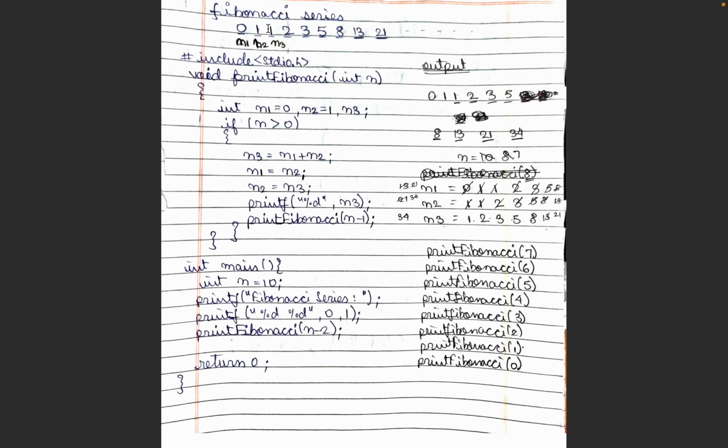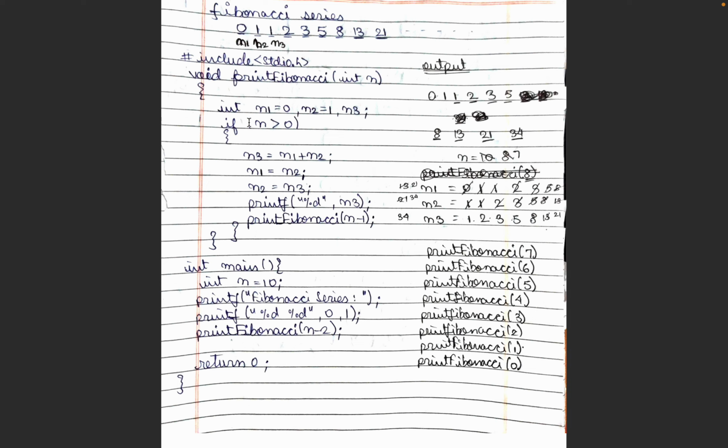So then again my n1 will become 1, n2 will become 1, and n3 will become 2. This way we will keep on shifting the things.